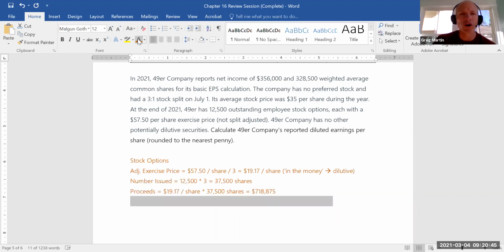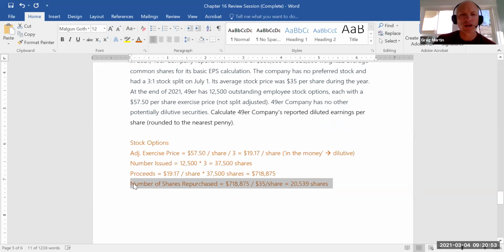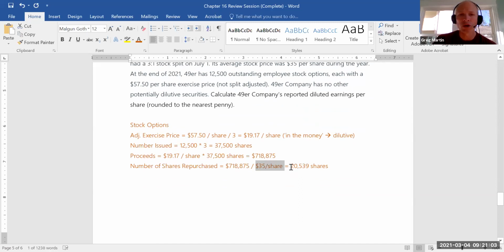Now, you may recall from the lecture guide that we assume any proceeds will be used to repurchase shares. So this is calculating the number of shares that will be repurchased. We take the total proceeds and divide by the average share price of $35. We truncate. And so the number of shares repurchased under these stock options would be 20,539 shares.